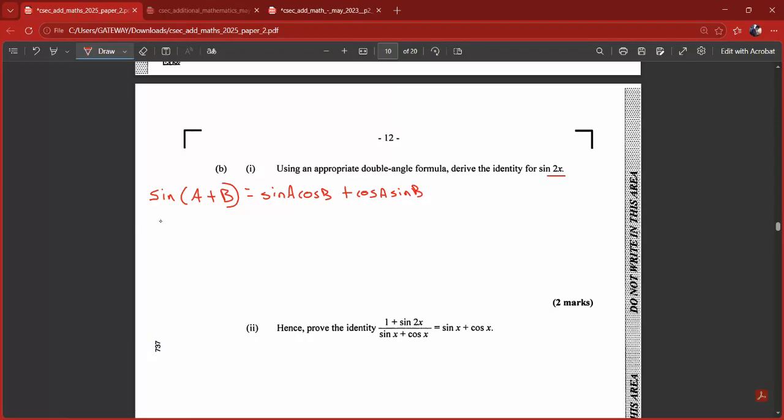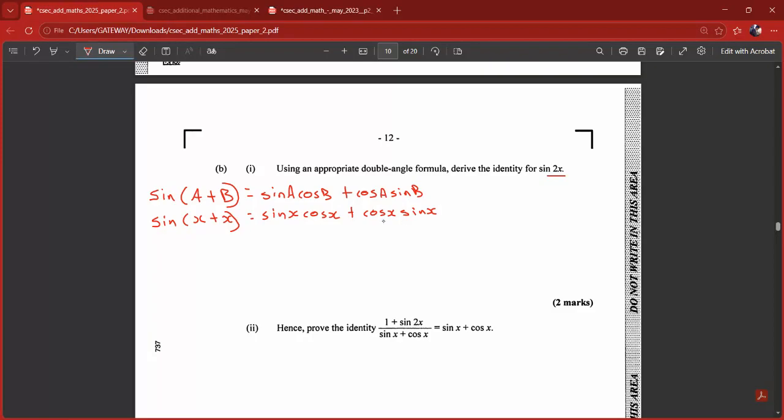Right? So you're going to have sine of x plus x, and that will be equal to sine of x cosine of x plus cosine of x sine of x.